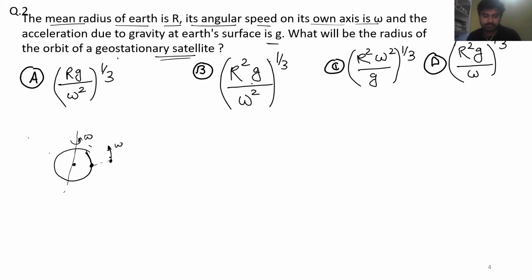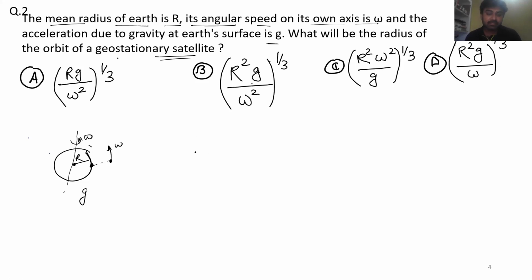What I have to find: the mean radius r is given, the angular speed omega is given, and the acceleration due to gravity g is given. What will be the radius of the orbit of the geostationary satellite?